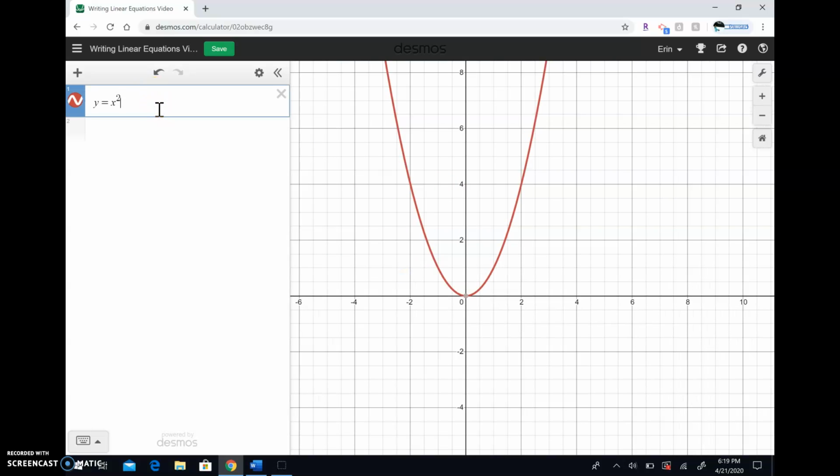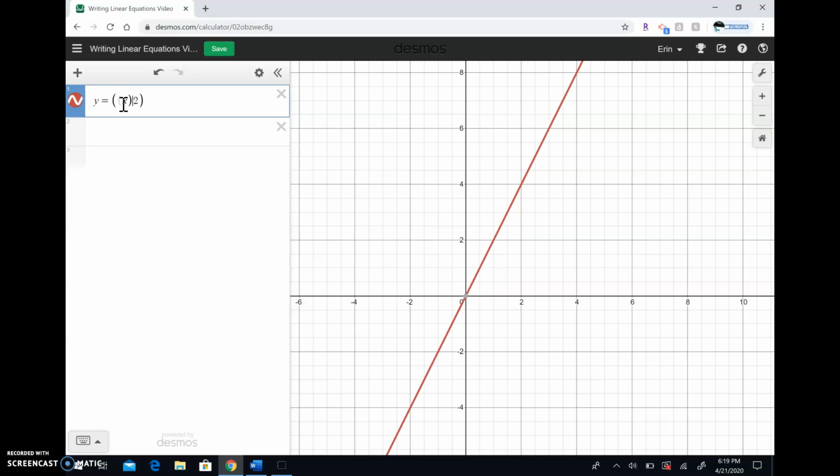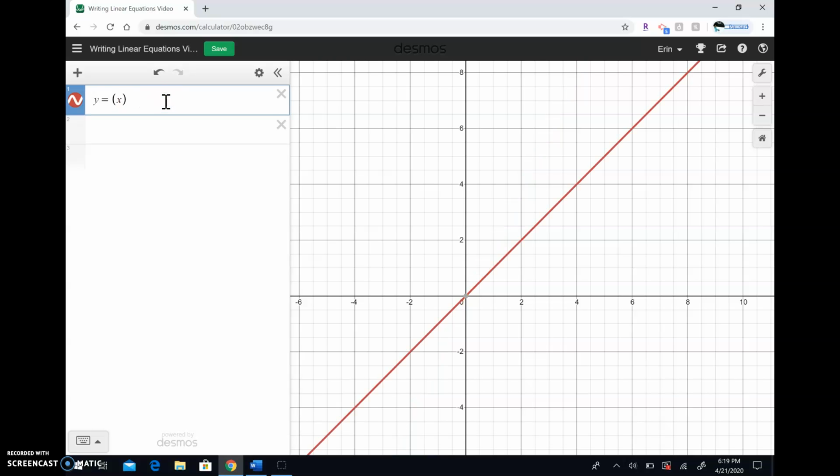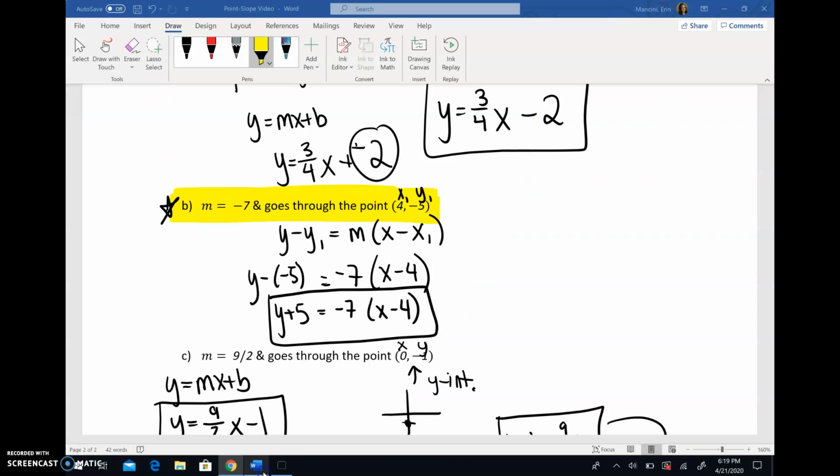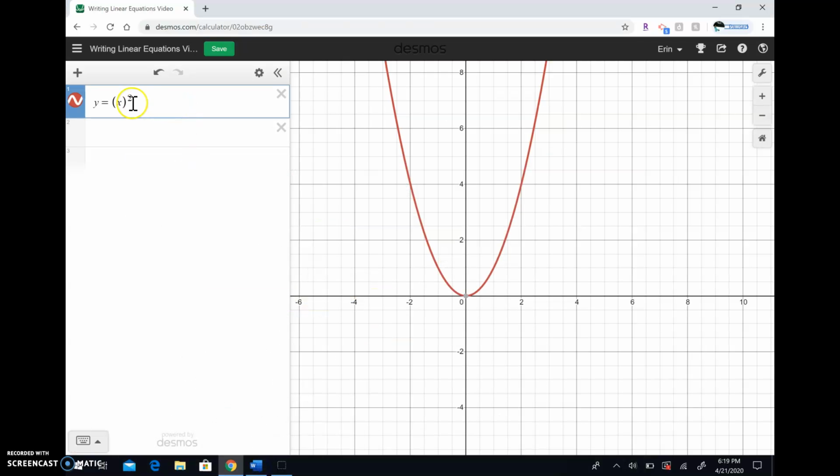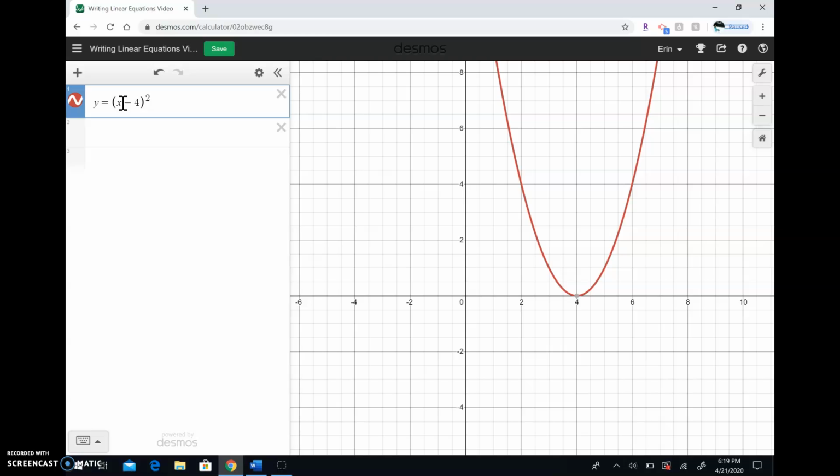Okay, so let's say I take my x value, which is just x right now, and I'm going to do the exact same thing that we did to the line. So I did x minus 4, which moved it to the right 4. I'm going to do x minus 4. Boom. It moves it to the right 4 as well.